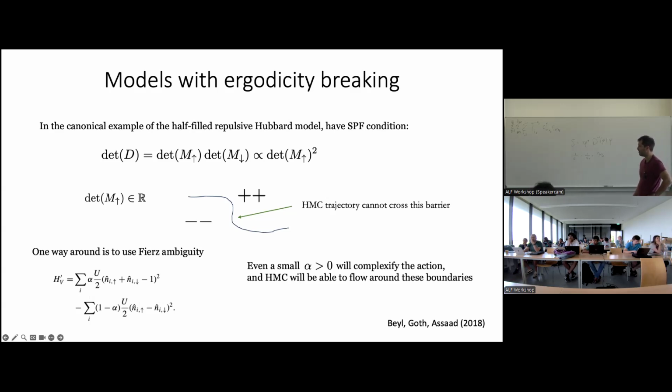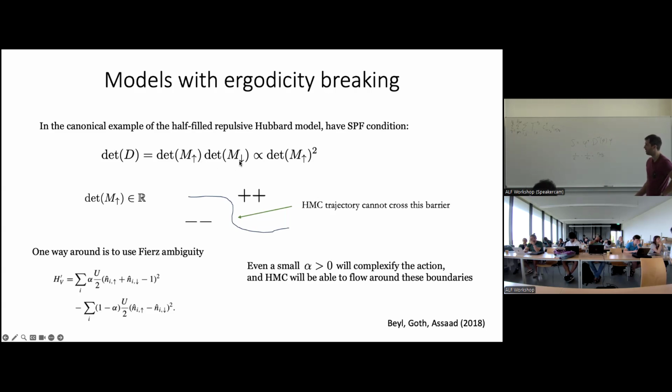And the point is that even for a small alpha, like 0.01 or something, for the system sizes and parameter values that were studied in various papers by members of this group, the HMC, so let me just step back. The point is that once you additionally decouple in this charge channel, when you use a Hubbard-Stratonovich transformation to decouple this interaction, you are forced to complexify this action.